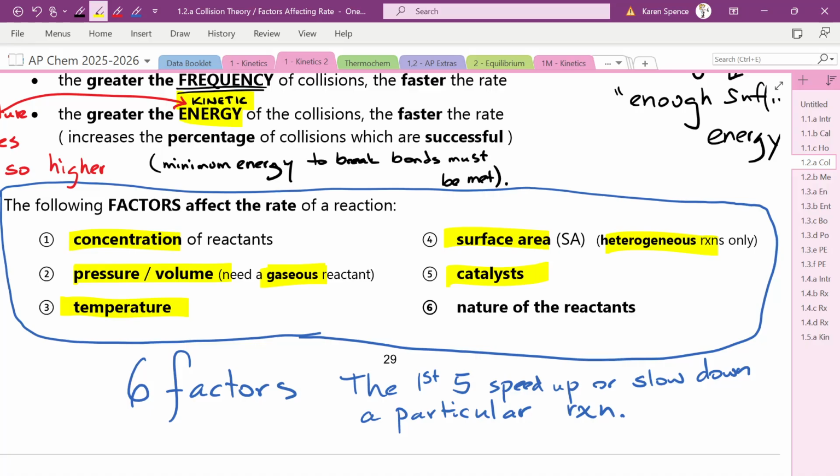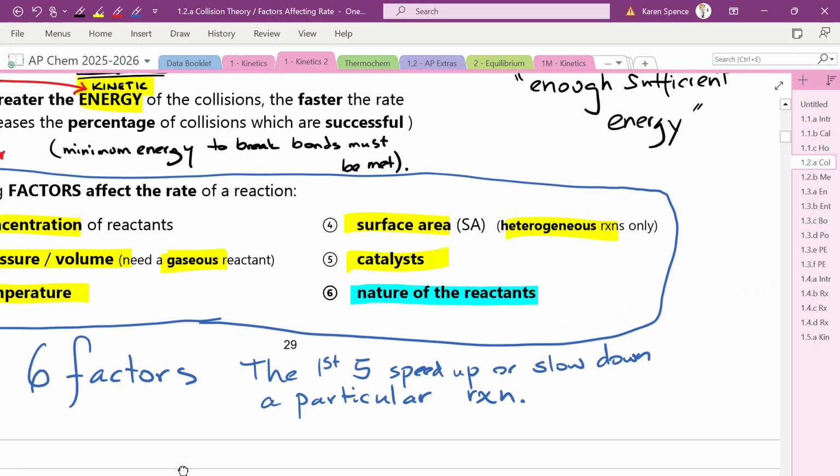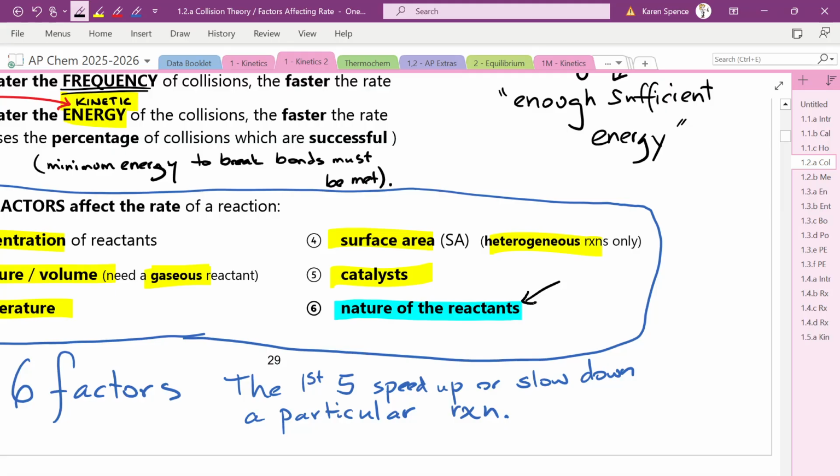So this last one explains why reaction A is faster than reaction B. So that one's kind of different.